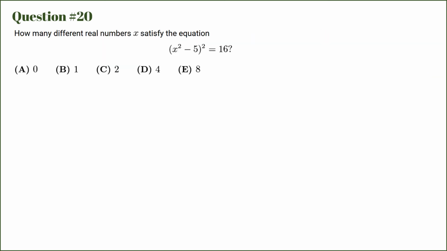Question 20 states, how many different real numbers x satisfy the equation, and then it gives us this equation. So how would we solve this? Well, it's pretty simple. x squared minus 5, all squared, equals 16. So let's square root both sides. So there are 2 possibilities here.